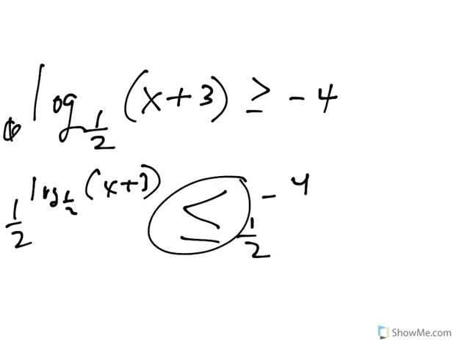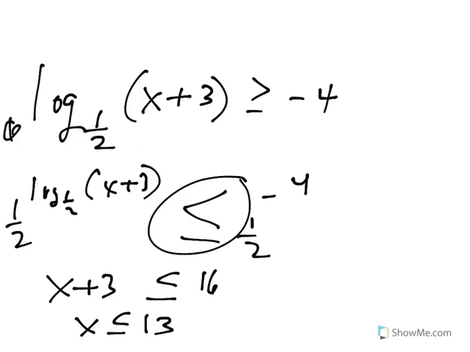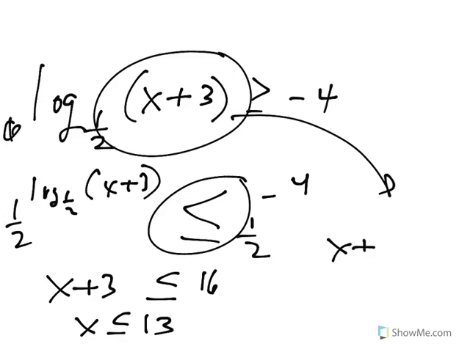See that changed. And the left side becomes x plus 3, and the right side becomes 16. So x is less than or equal to 13. But no, we're not finished, because we also have to do the domain check. x plus 3 has to be greater than 0, so x has to be greater than -3, and that's why this is our answer.